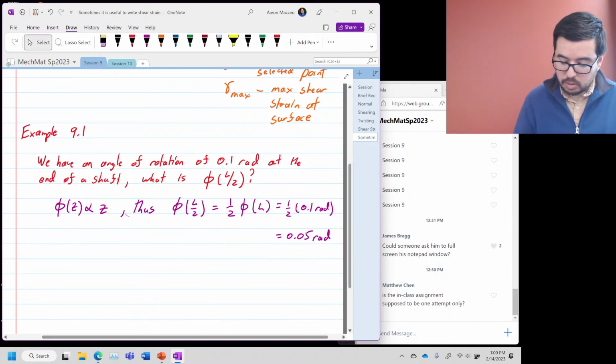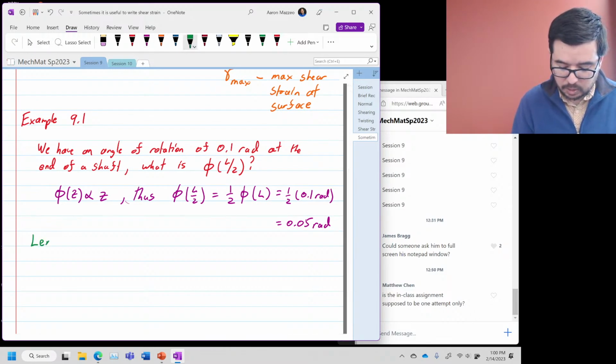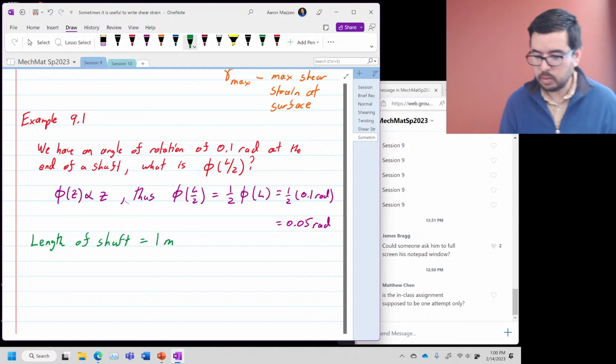Now here's another question though. Now we say that the length of the shaft is equal to 1 meter.